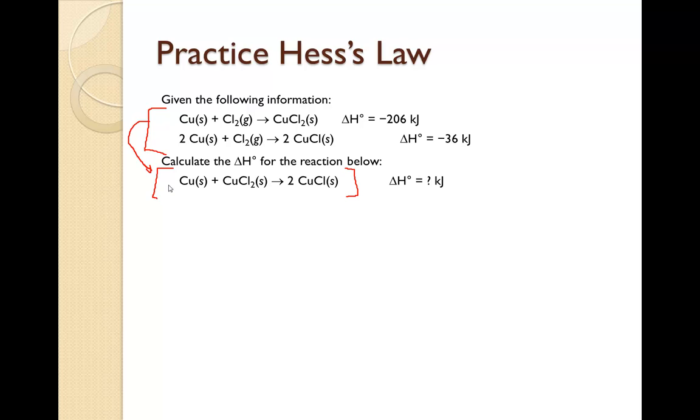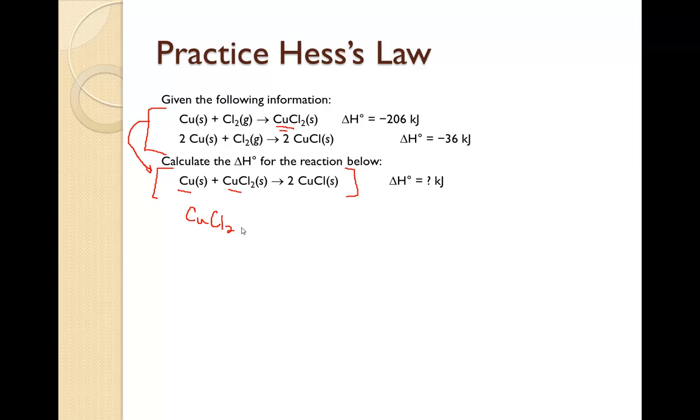Alright, so take it step by step. We have copper on the left. We have 2 different coppers, and so we are going to move on and go to the next one. CuCl2, copper 2 chloride. It's on the left. If I look at all these reactants and all these products, I find copper chloride right here. It's on the right hand side, but we need it on the left, so we're going to flip it around.